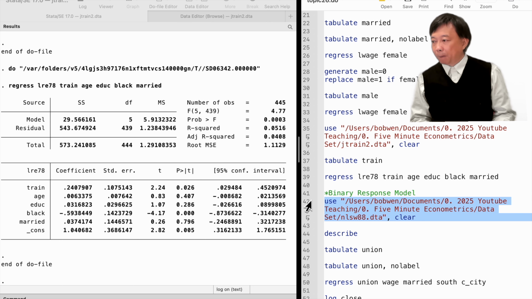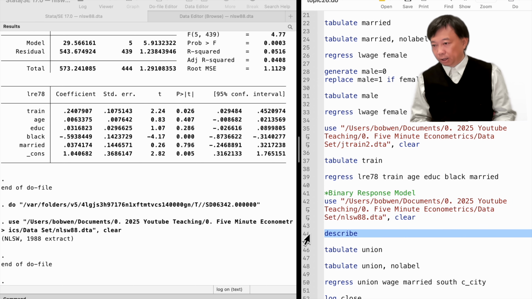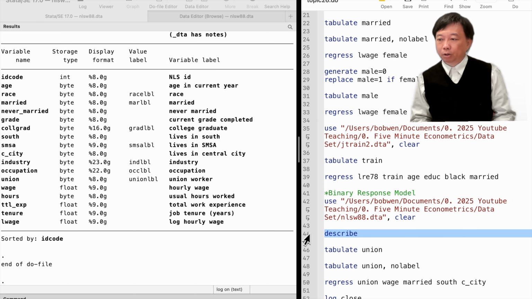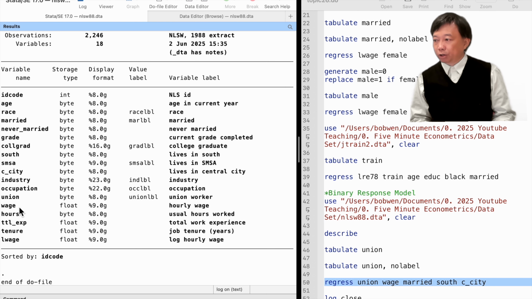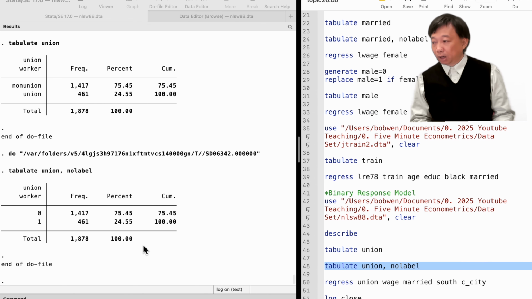Here is a binary response model for the probability of joining the union as a function of individual economic and demographic characteristics such as hourly wage, marital status, and whether living in the South or central city. The outcome variable, union, equals 1 for union workers and 0 for non-union workers.